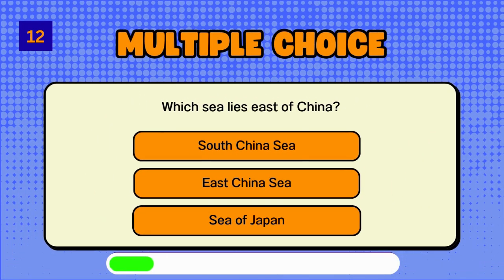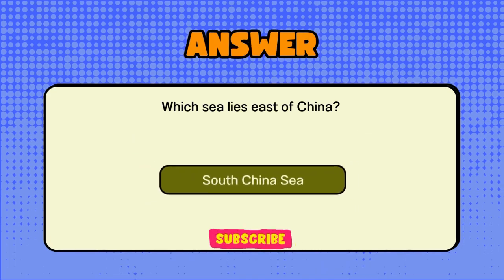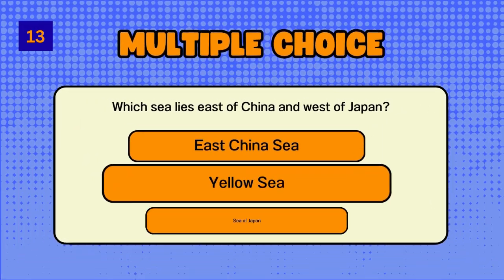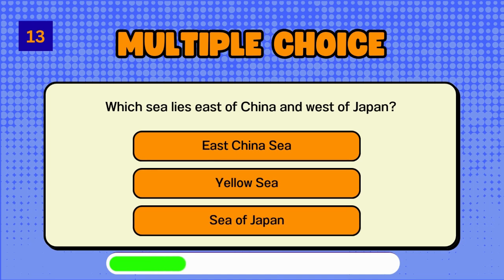Which sea lies east of China? Which sea lies east of China and west of Japan?